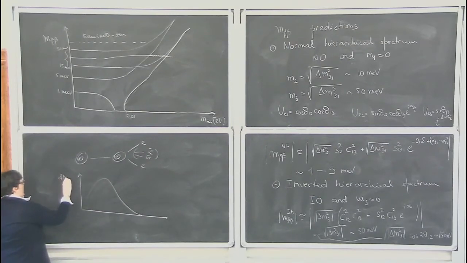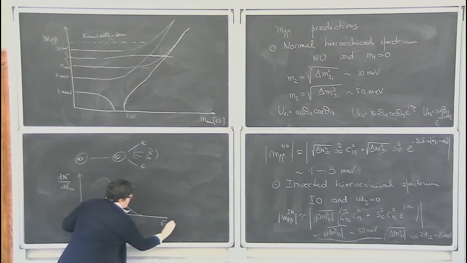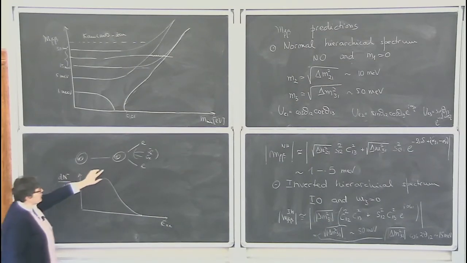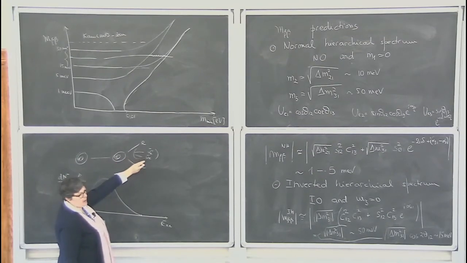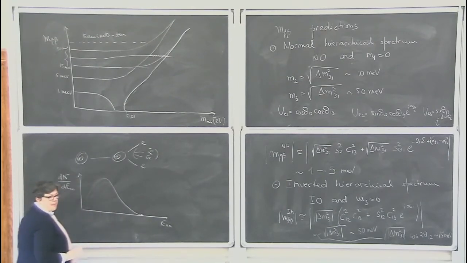This is my dN over dE, and this is the sum of the energies of the 2 electrons. Now, in neutrino-less double beta decay, you have no energy carried away by the antineutrinos because they are not emitted, and therefore you will have a peak here at the end. So this is the way we search for neutrino-less double beta decay in these processes.